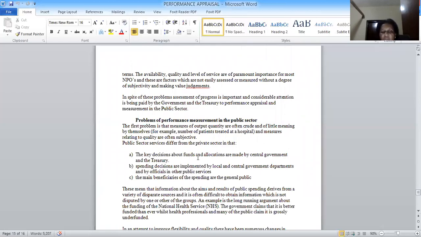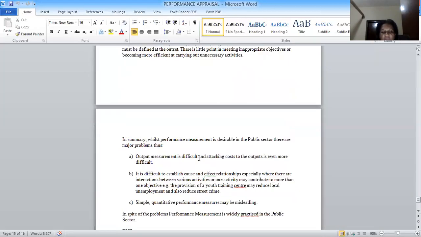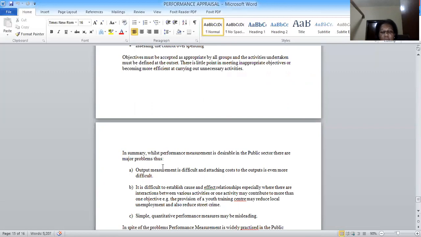That is a problem for them. Beside these, we can talk about the major ones. They are saying that output measurement is difficult and attaching cost to the output is even more difficult. That is a major problem.